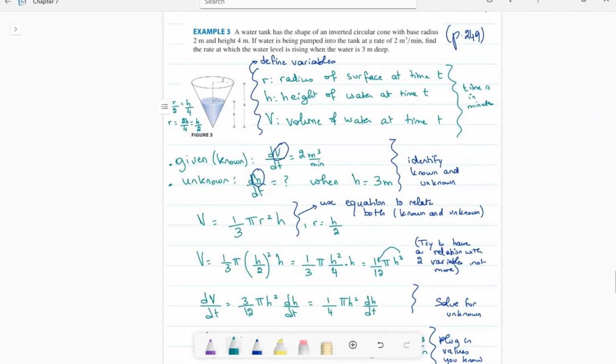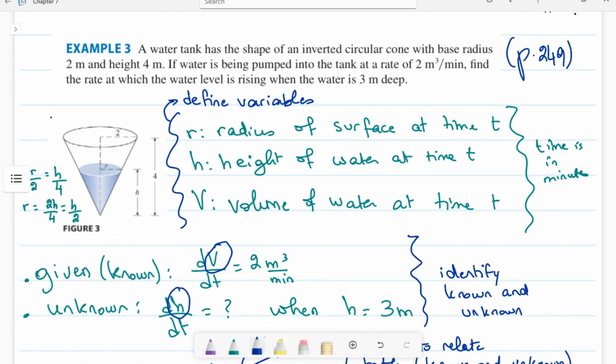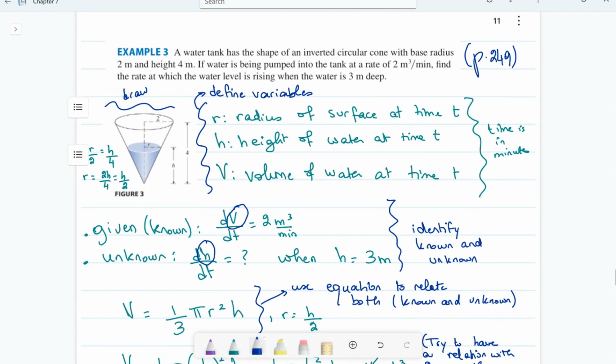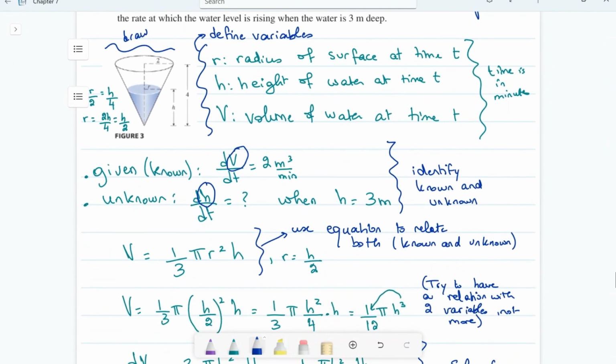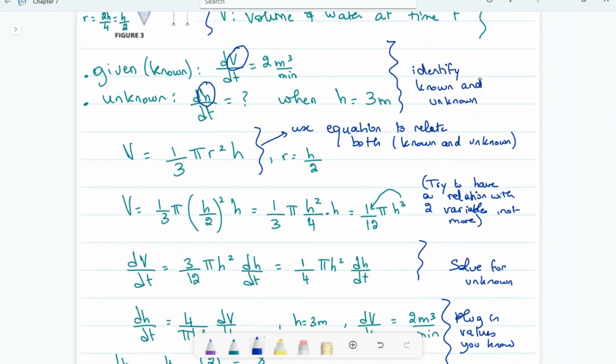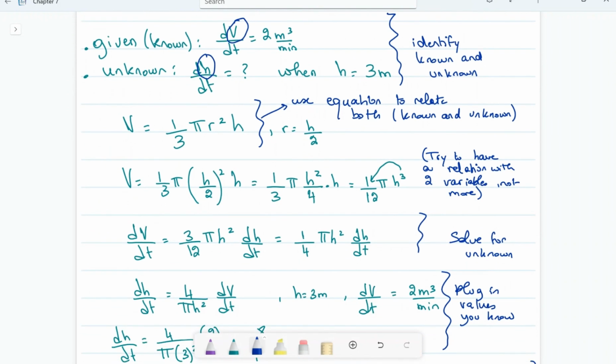So now I will just give you a small summary of what we are doing in all of these problems. Step 1, of course, if it helps, draw a figure. Then define some variables if they are not already defined in the question. Then identify your known and unknown. Then use an equation to relate the known and the unknown variables.